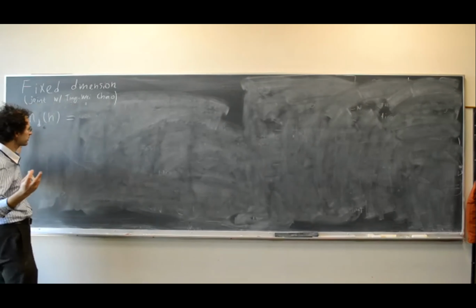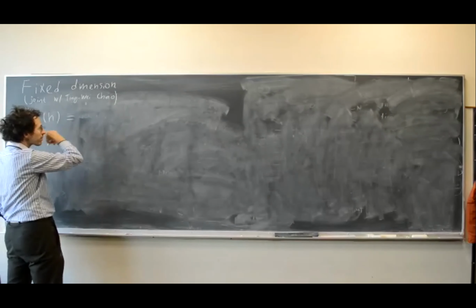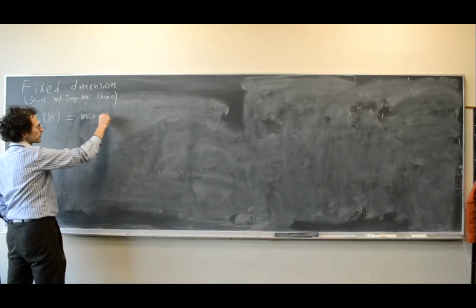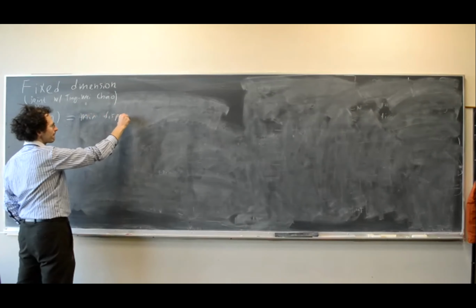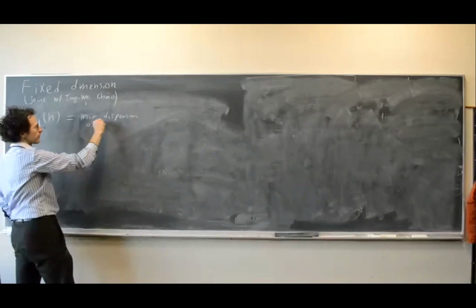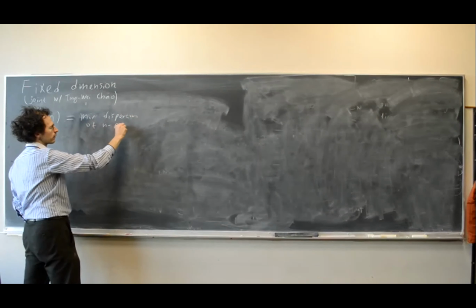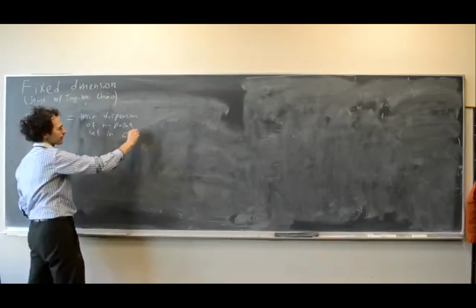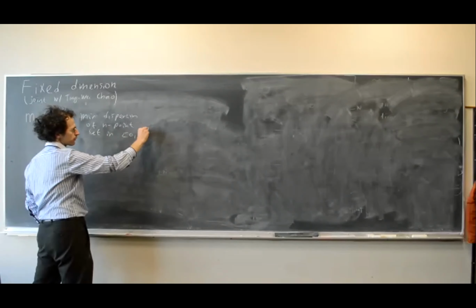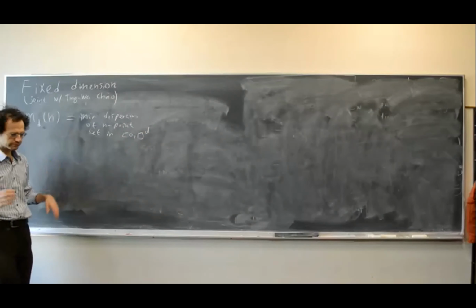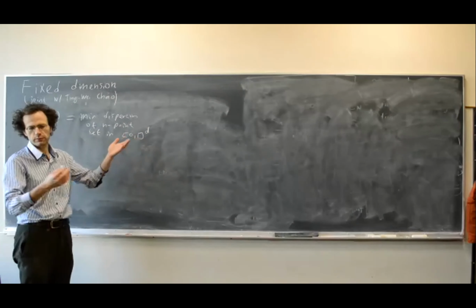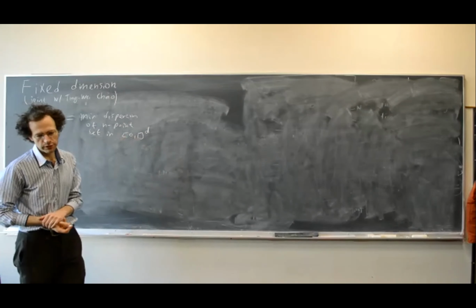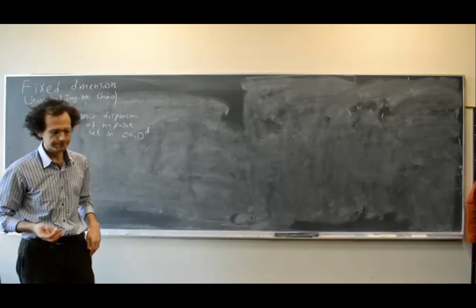So formally speaking, this is the minimum dispersion of an n point set in [0,1]^d, again, as in other talks, with respect to the axis parallel boxes.